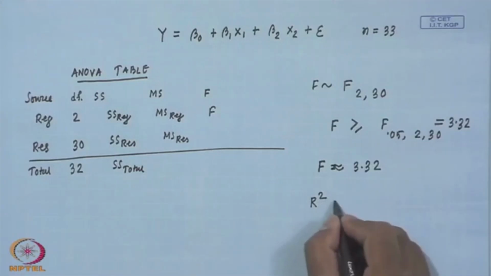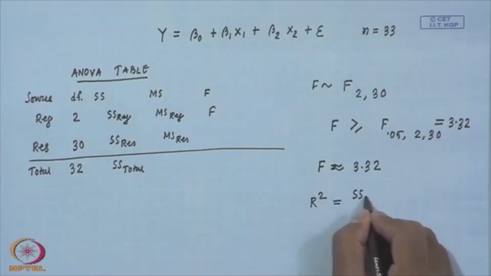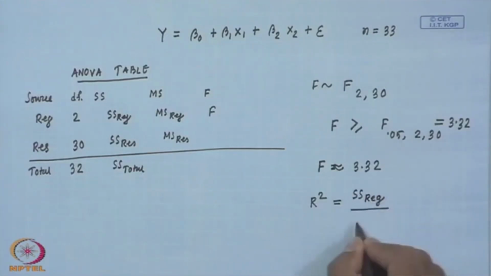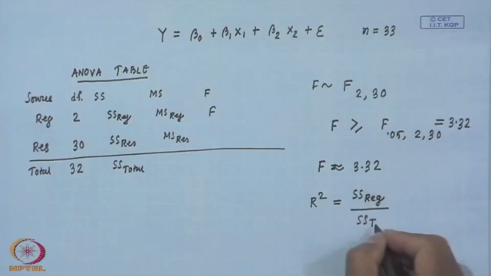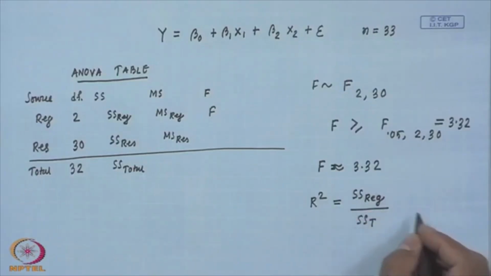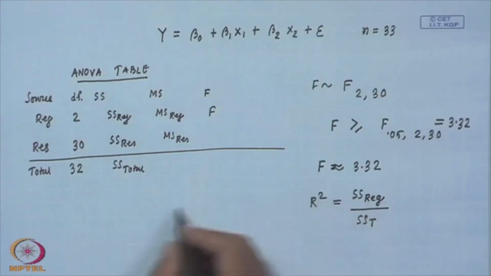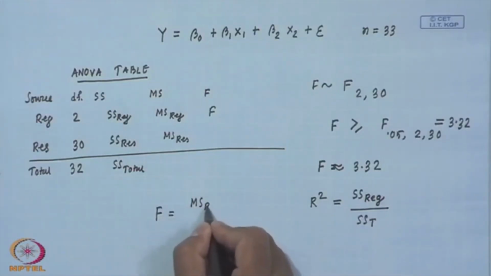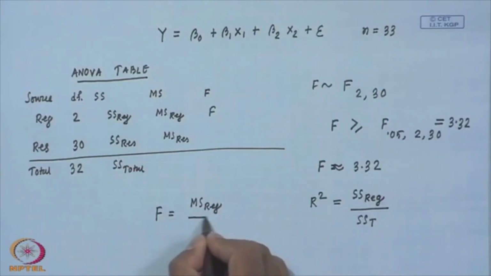Okay, what is R square? R square is SS regression by SS total, that is the proportion of variability in y about mean that is explained by the model. But what you know is F, which is equal to MS regression by MS residual.